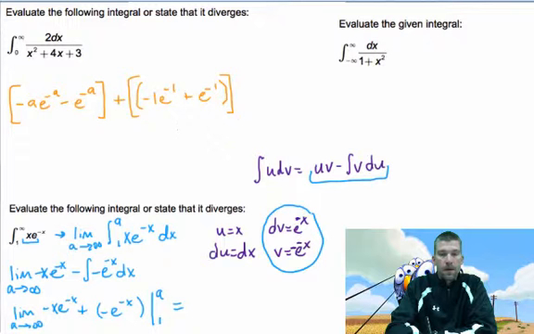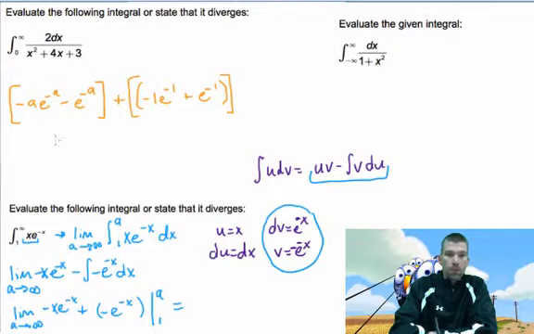Okay. When I look at the limit as a goes to infinity, if we rewrite these with positive exponents, it'll be a little easier to see. That would be negative 1 over e plus 1 over e.